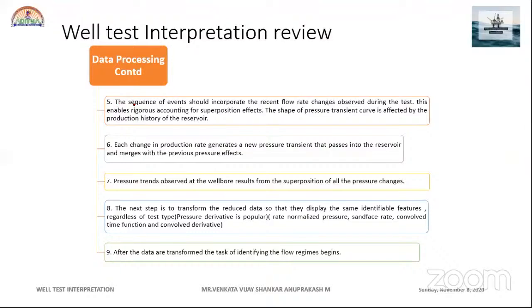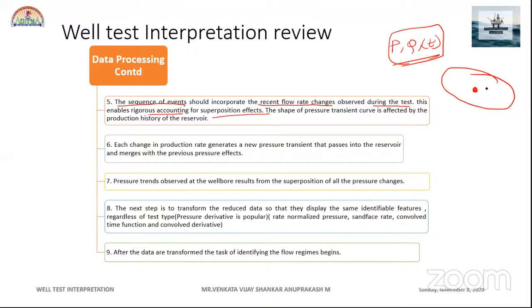So the sequence of events should incorporate the recent flow rate change during the test. This enables rigorous accounting for the superposition effects. Superposition effect is like, if you take one well that is produced, for which we have pressure and flow rate as a function of time being recorded.